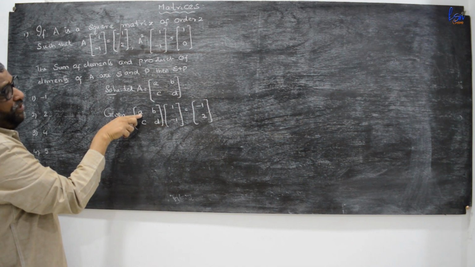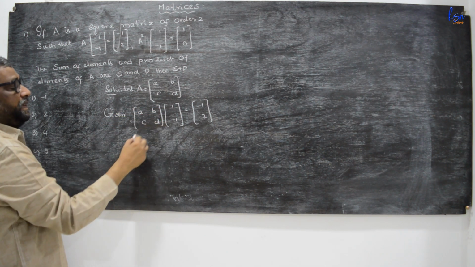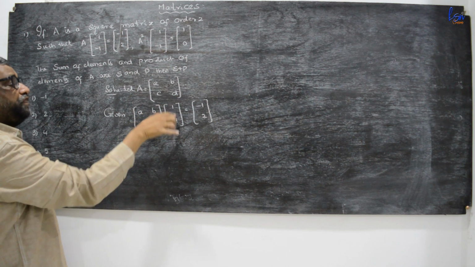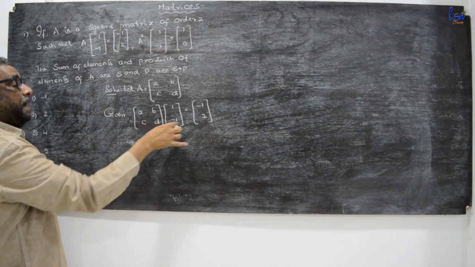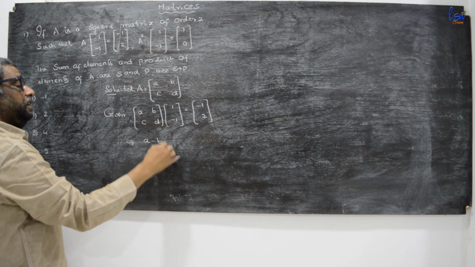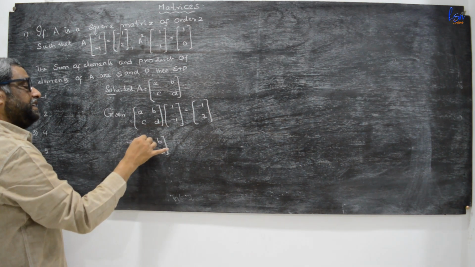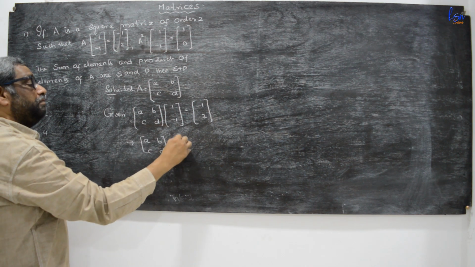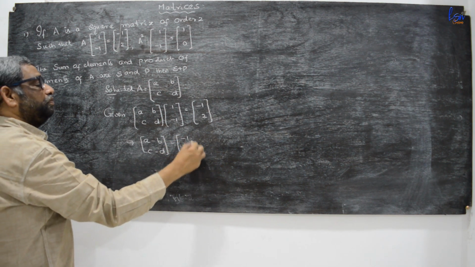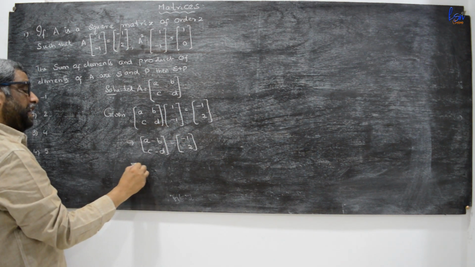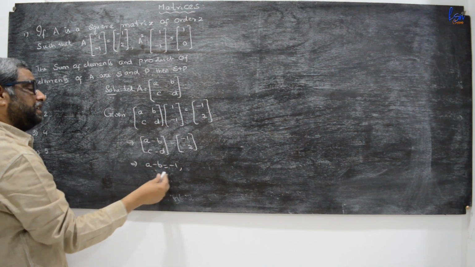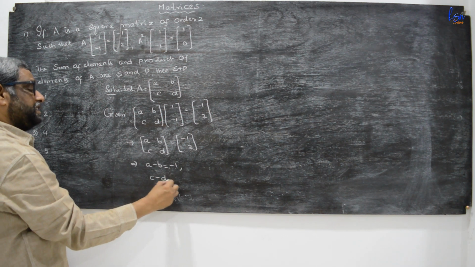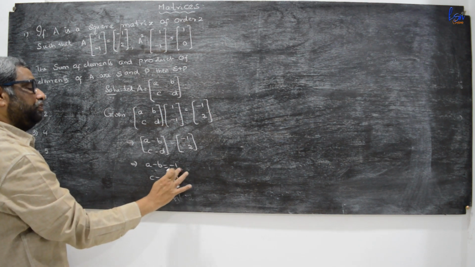To multiply: first row into first column gives a minus b, and c minus d, equal to (-1, 2). This implies a minus b is equal to -1, and c minus d is equal to 2.